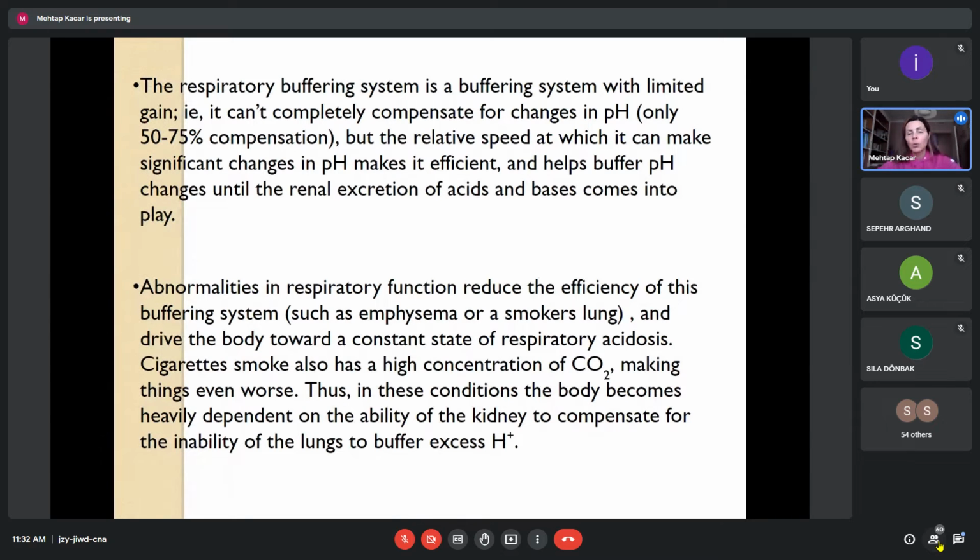For example, those who have emphysema or smokers' lungs cannot work this buffering system efficiently, and they can present respiratory acidosis as a pathophysiologic situation. A smoker also has a high concentration of carbon dioxide. So in these conditions, the body becomes heavily dependent on the ability of kidneys to compensate for acidic load.